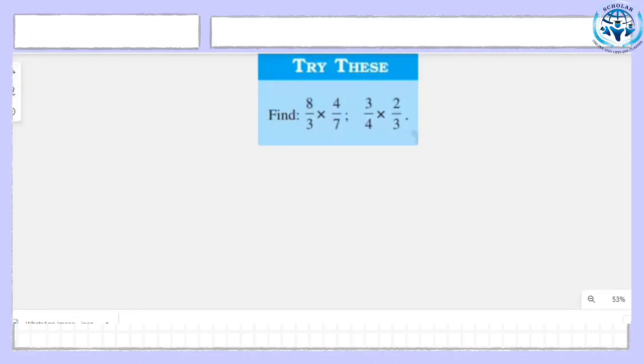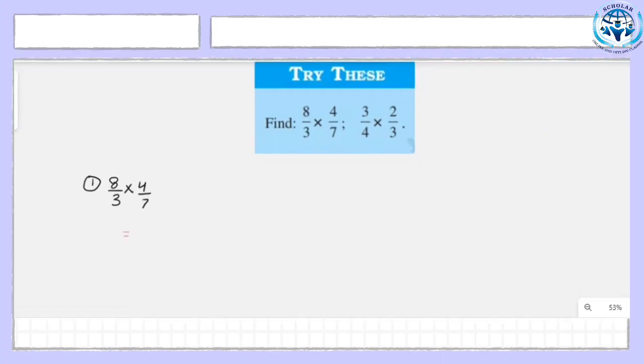Eight by 3 into 4 by 7. 8 into 4 is 32 and 7 into 3 is 21. Numerator multiplied with the numerator and denominator with the denominator. So, the result is 32 by 21.